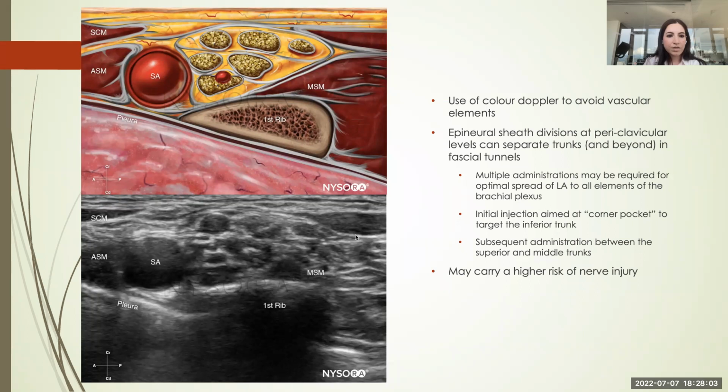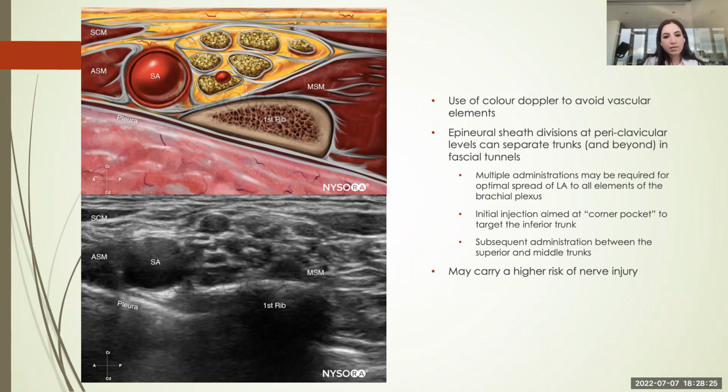Another thing to note is, you can see in this cartoon image, these septations between the trunks. At the periclavicular levels, as the brachial plexus branches along its course, it is associated with epineural sheath division, so they can separate the trunks, the cords, and further beyond in these fascial tunnels.